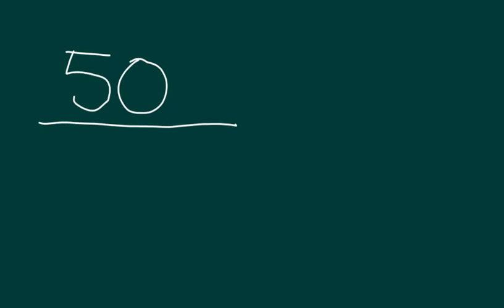Okay, on your boards, I want you to show me what this would look like. So draw a diagram of what that would look like. Now think smart. Think how you can simplify that. 50 over 25.